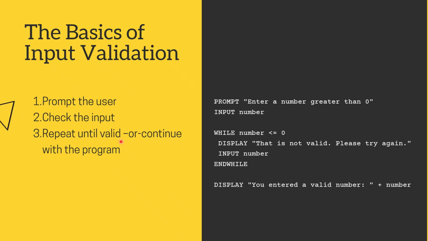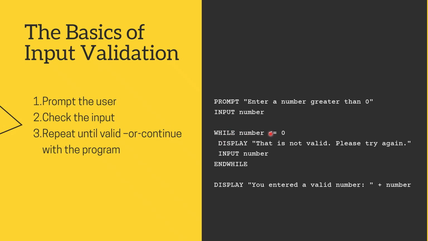So let's walk through a really simple example in pseudocode. Okay, so the prompt is we want them to enter a number greater than 0. They input the number, and then this is the loop that we're going to be using to check the input.